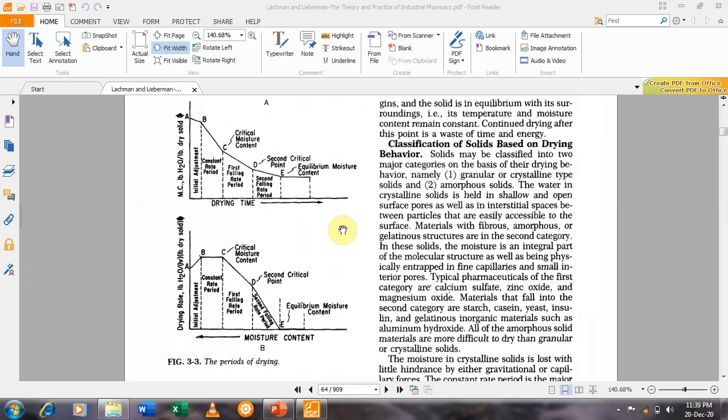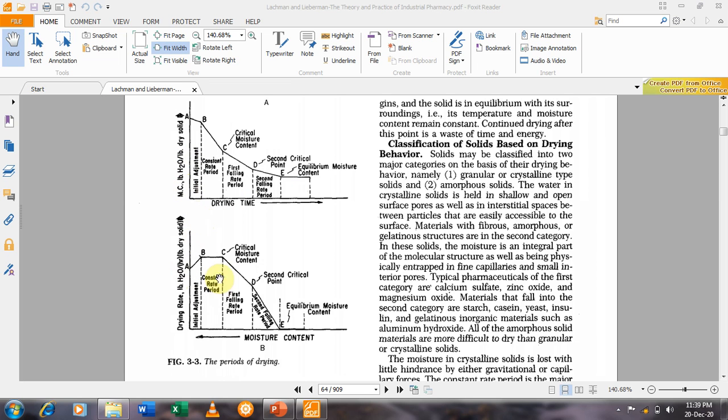Remember, you can see in the book figure number 3, that is the period of drying that we have discussed, with the moisture content on the x-axis, while on the y-axis the drying rate. You can see figure A, or rather figure B as well. That is also a presentation, but here the drying rate is shown on the x-axis, while on the y-axis you can see the moisture content.